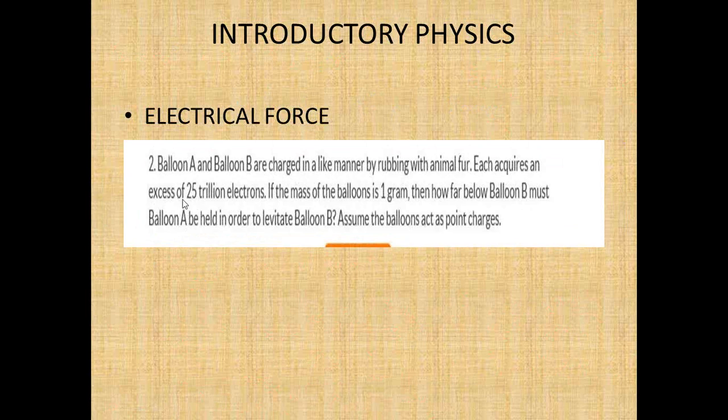Each acquires an excess of 25 trillion electrons. So you charge a balloon by rubbing it with animal fur, which gives the balloon a negative charge. If the mass of each balloon is 1 gram, how far below balloon B must balloon A be in order to levitate balloon B, assuming the balloons act as point charges?